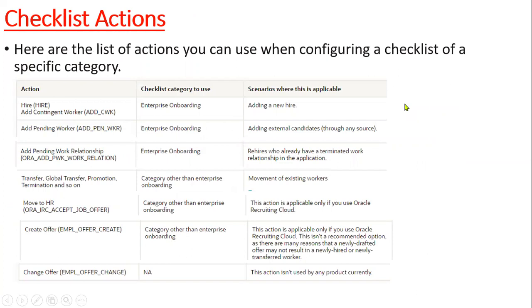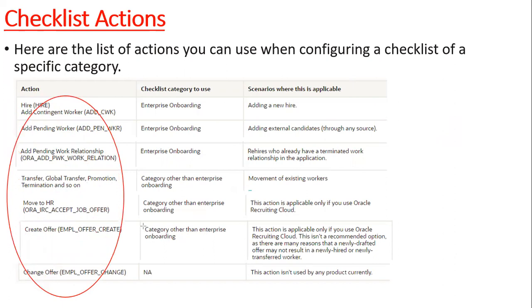So what are the different actions? So far we have been saying the checklist will be populated automatically whenever some action is performed. So what are the different actions we have when working with the checklist? Hiring, pending worker, pending work relationship, transfer, global transfer, and create offer letter. The offer letter comes from ORC, Oracle Recruitment Cloud.